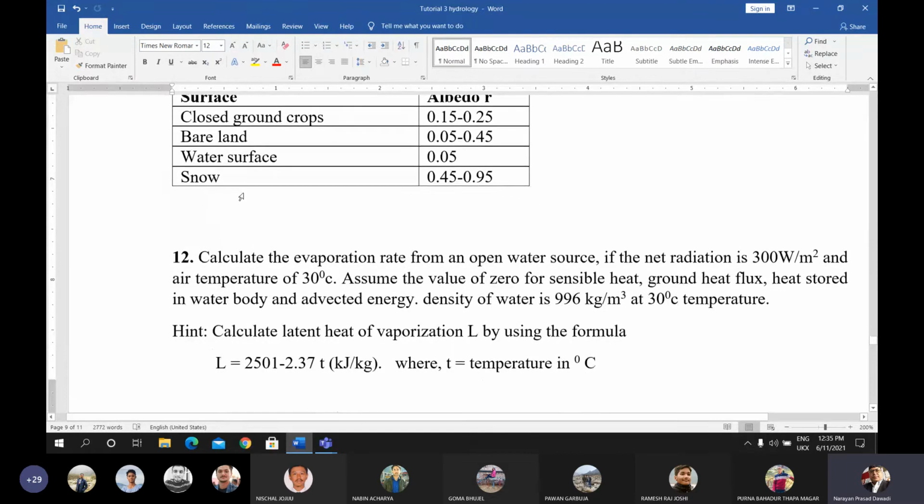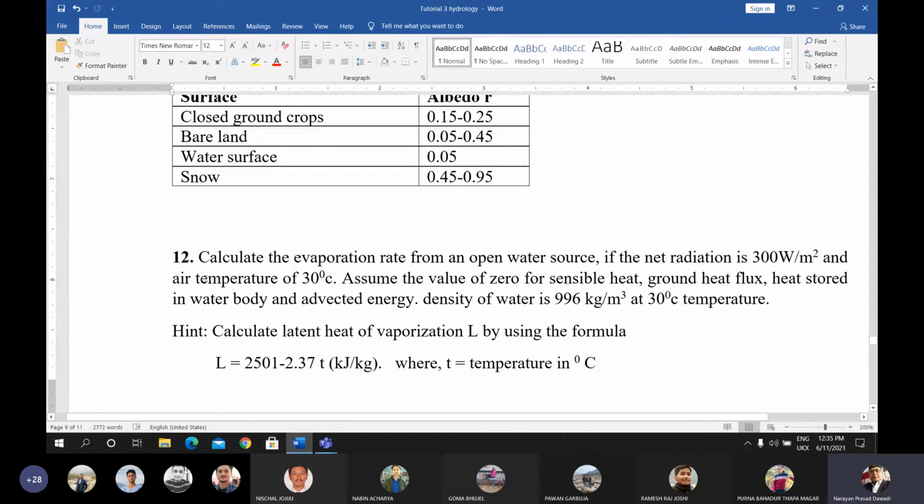For shallow depth, the evaporation loss will be high, so you take the value of 0.50. For the deep lake, the evaporation is comparatively less than the shallow lake, so the coefficient here is taken as 0.36. For the deep lake 0.36, for the shallow lake 0.50 is given.